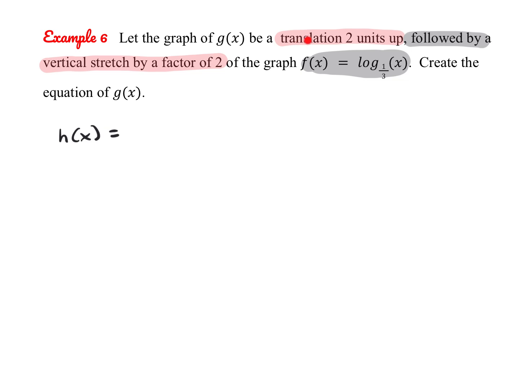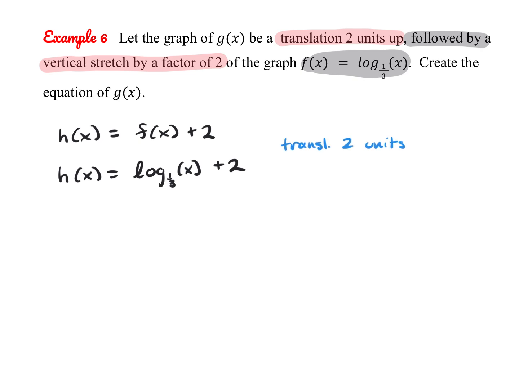If I want to do a translation 2 units up, I would simply add 2 to the entire function. So h of x would be log base 1/3 of x, and then outside of that, plus 2. And this is our translation 2 units up.